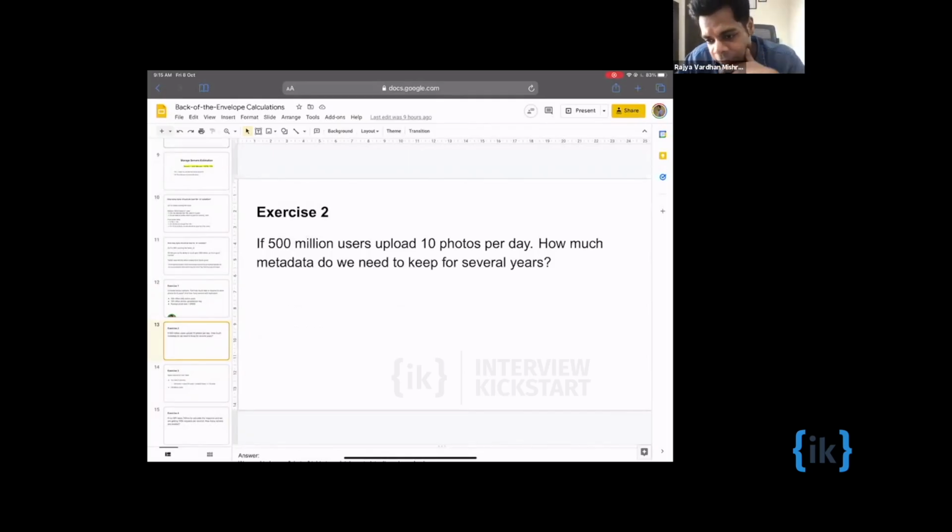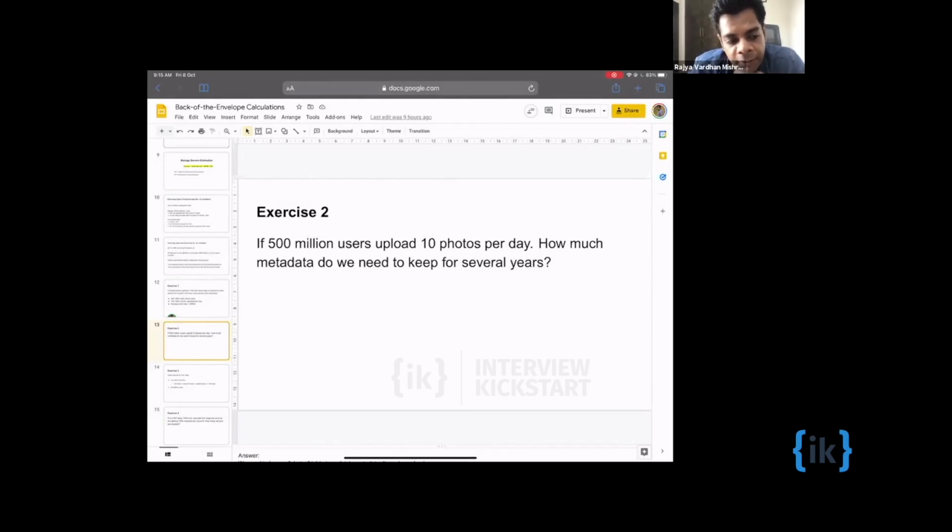So we are designing Instagram here, and then we are finding that 500 million users are coming daily to Instagram, and each person is uploading, let's say, 10 photos per day. So how much metadata do I need to keep for several years?